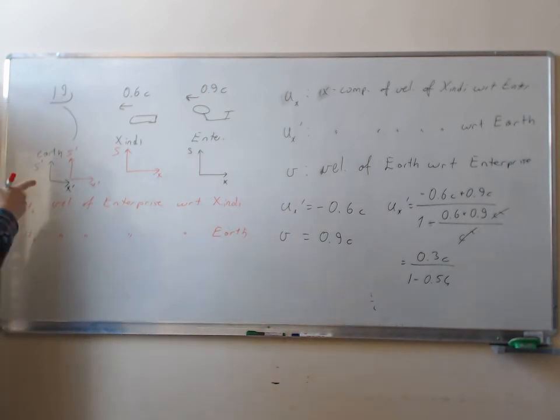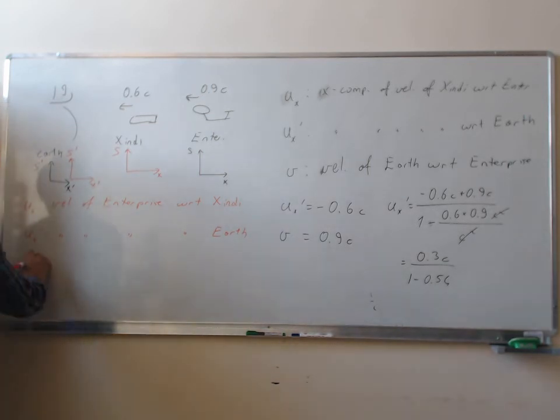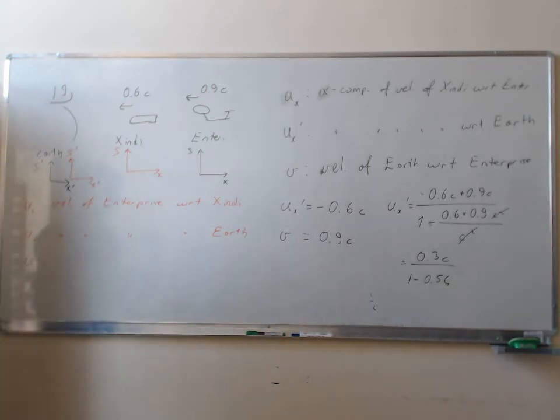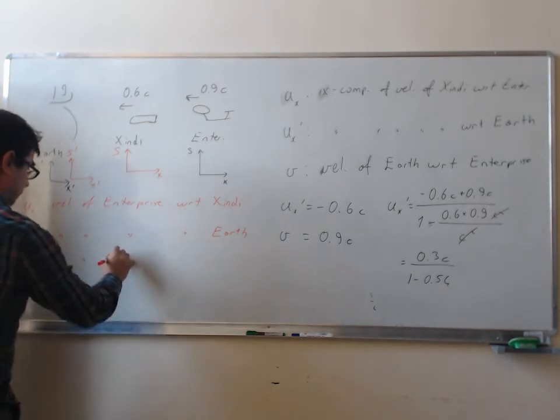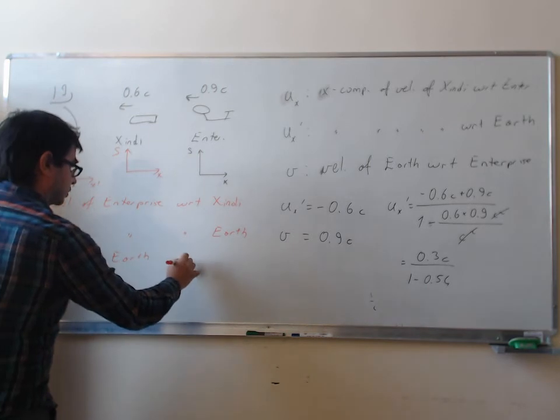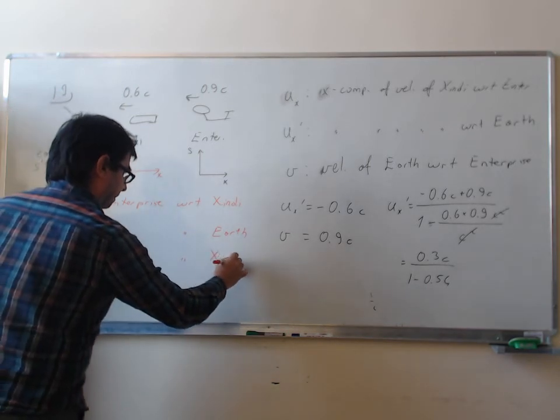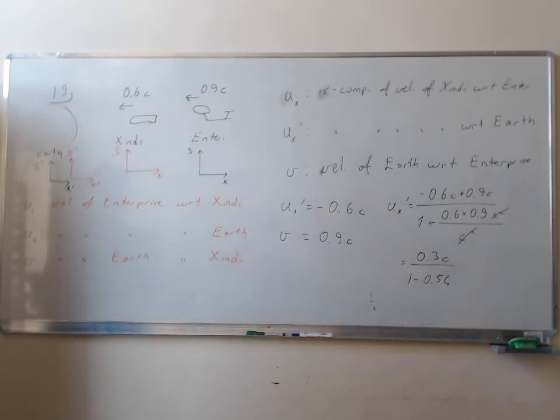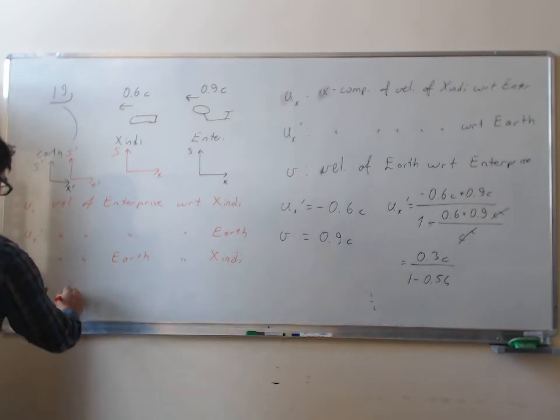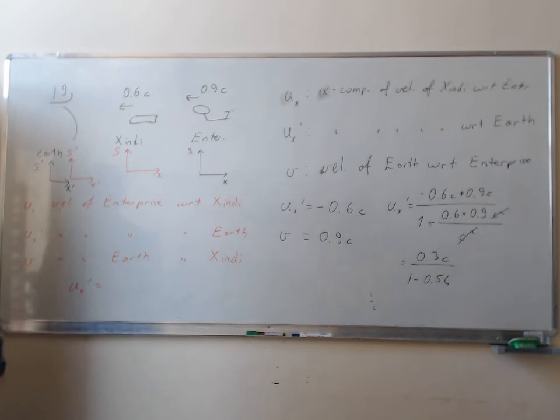And this v is the velocity of the primed coordinate system with respect to the unprimed coordinate system. So this is the velocity of Earth with respect to Zindi.